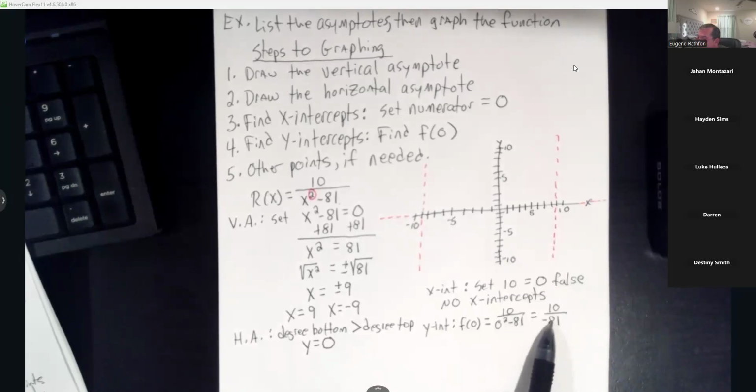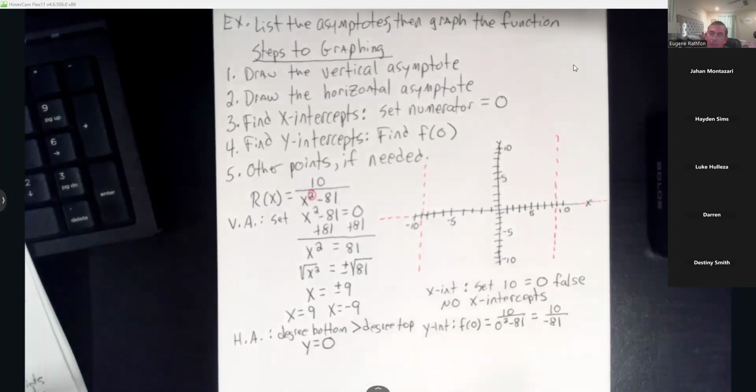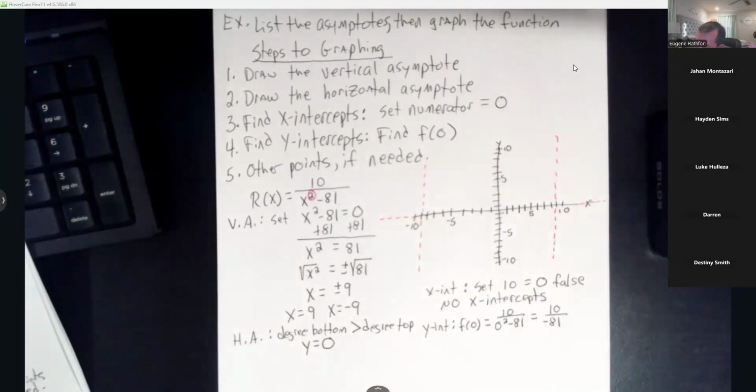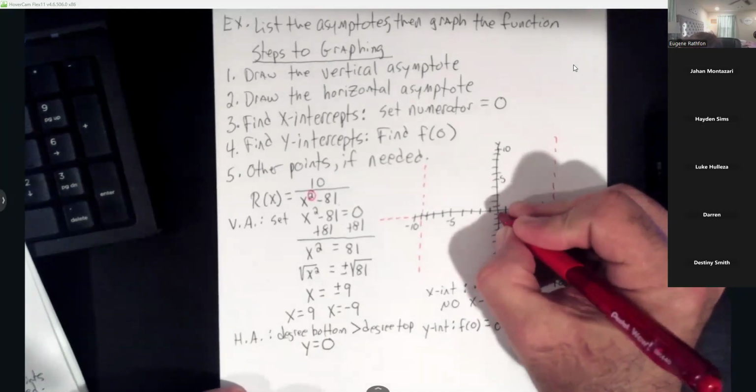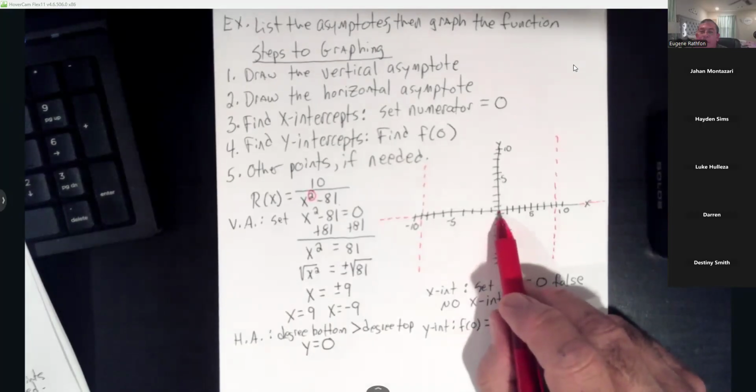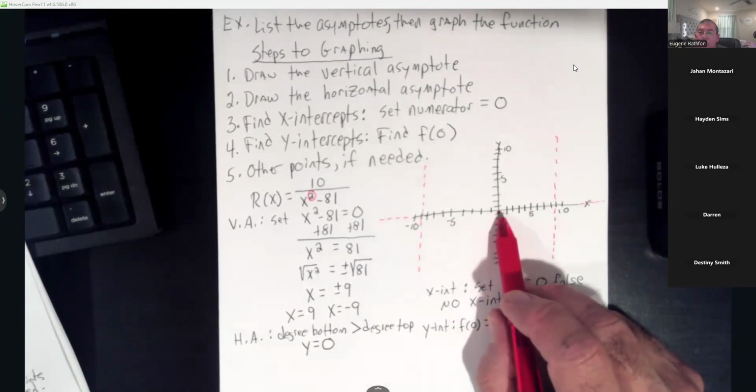So this is negative 10 over 81. And y'all, if you punched it into the calculator, you'd get a very, very small number. But all I'm worried about is that that number is negative. So somewhere in between 0 and negative 1, this graph is crossing over the y-axis.